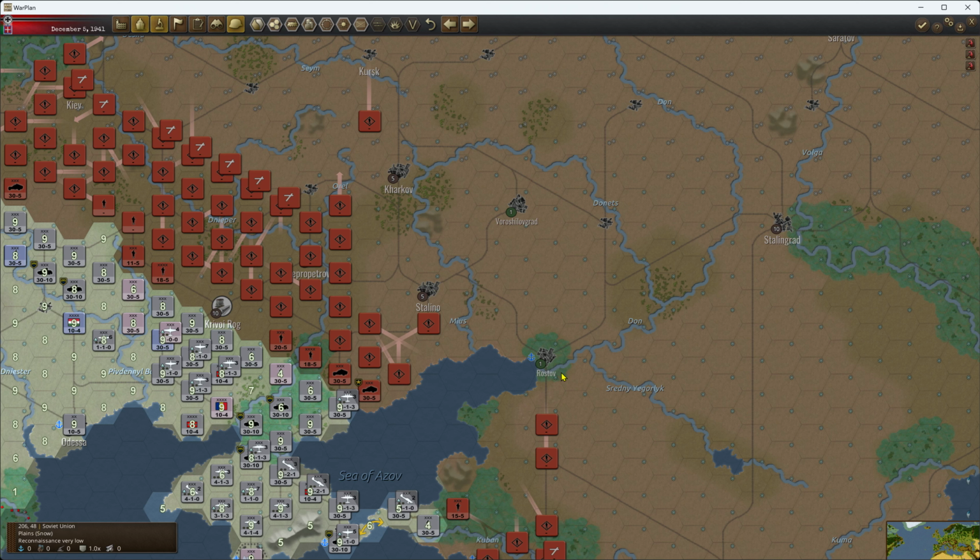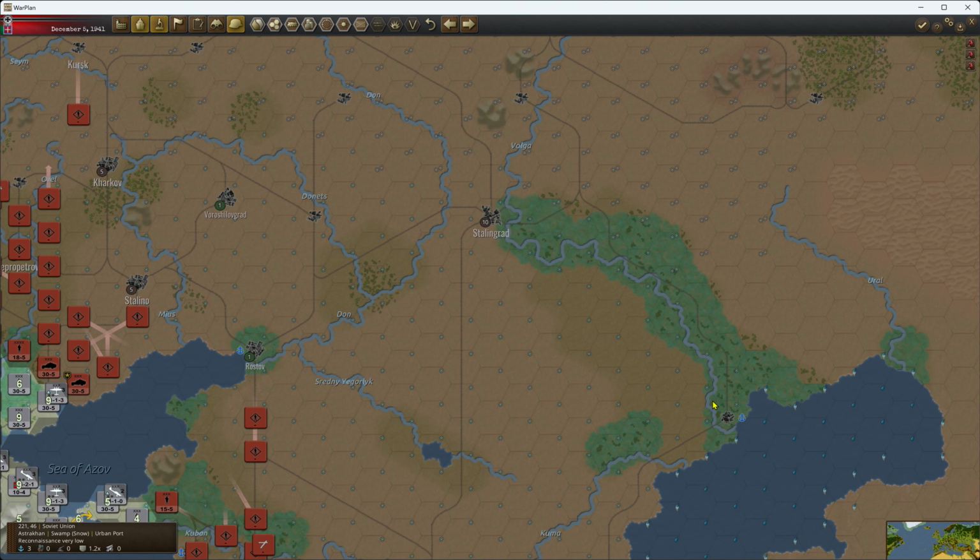And the other way was, this is Astrakhan. I don't know why they didn't put this name here. But it came up the Volga River here from Astrakhan, went up to Stalingrad, and then went to the Urals.